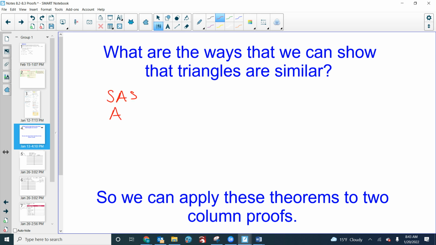I heard AA. And SSS. Are there any others? Those are correct. Those are the 3 that we're going to use to show triangles are similar. Does that make sense?